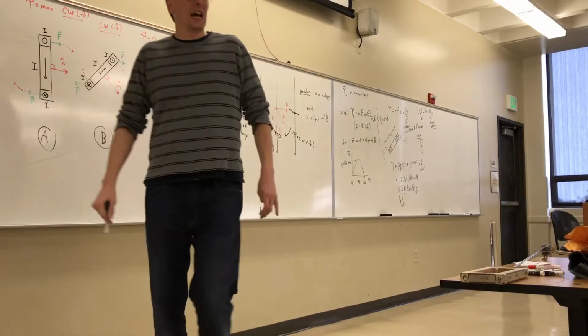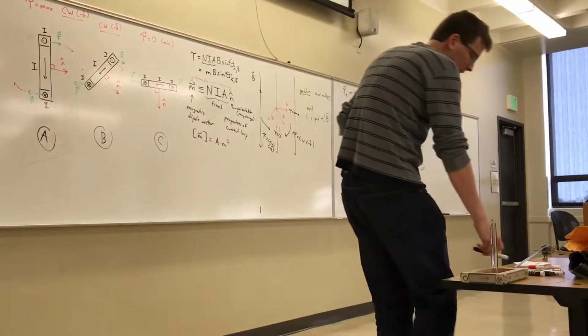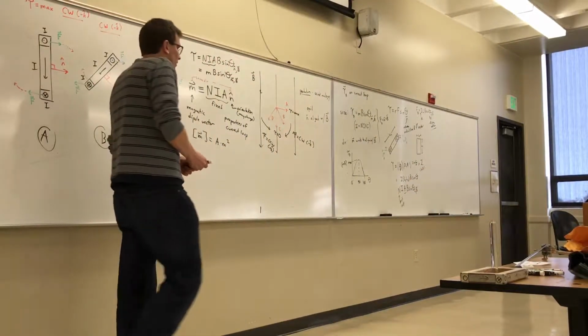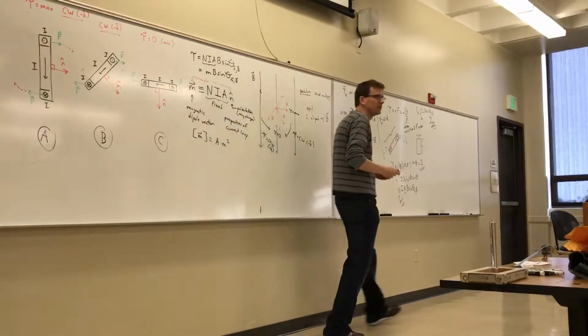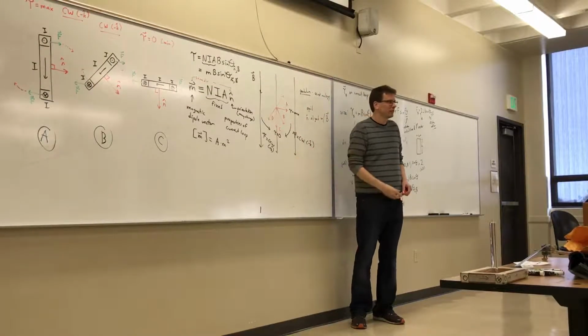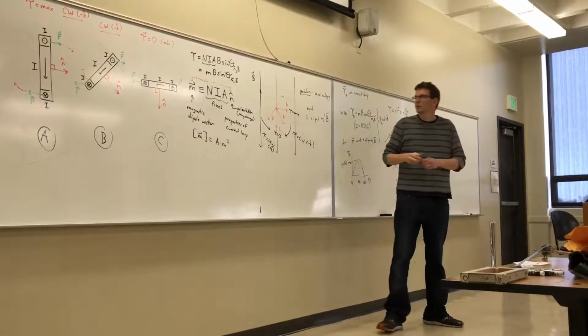But we really have only focused on angles from 0 to 90, so it's worthwhile taking a brief look at what happens with angles bigger than 90. If I released a pendulum from here, it of course would still swing down, right?